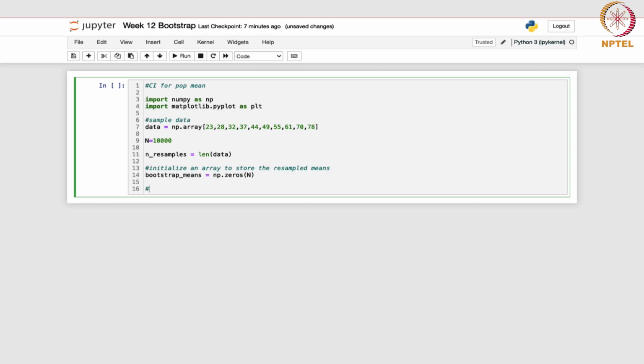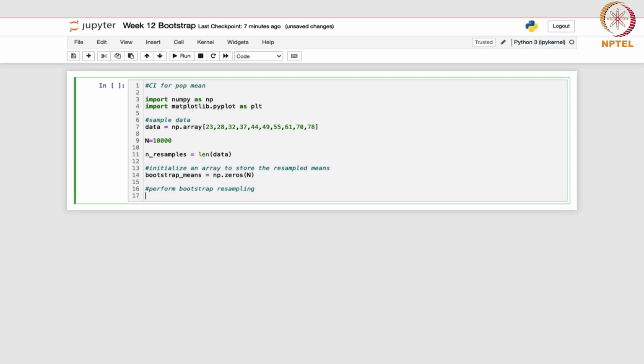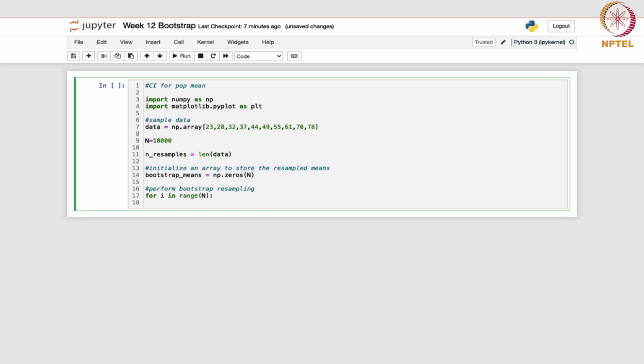Now let us perform bootstrap resampling. We will initiate a for loop, for i in range n. This for loop will iterate 10,000 times, because n over here is 10,000, and for each bootstrap sample we are going to generate a random sample with replacement.